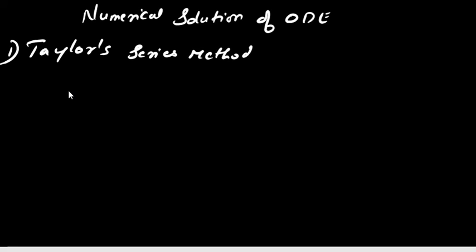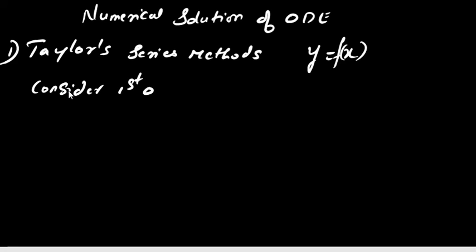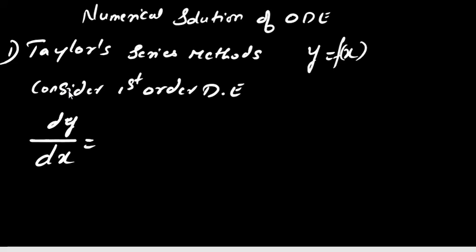This method is used to find the solution of y with respect to x, that is f of x, where y is depending on the variable value of x. So let us consider a first order differential equation of the form dy by dx is equal to f of x comma y.